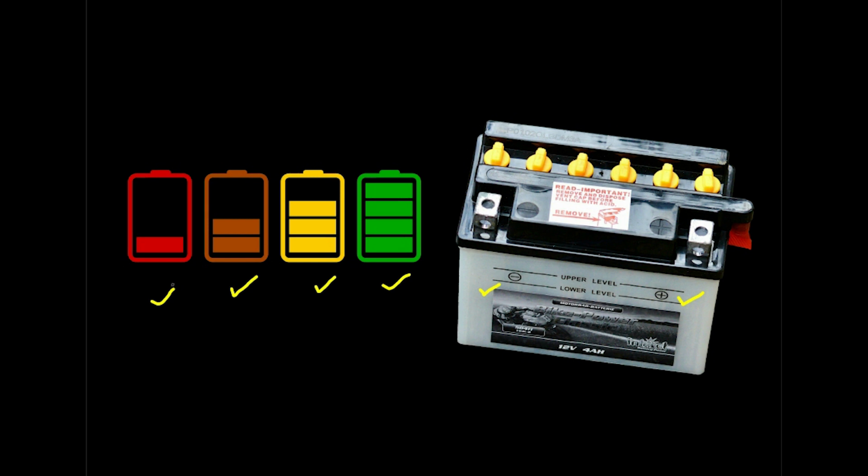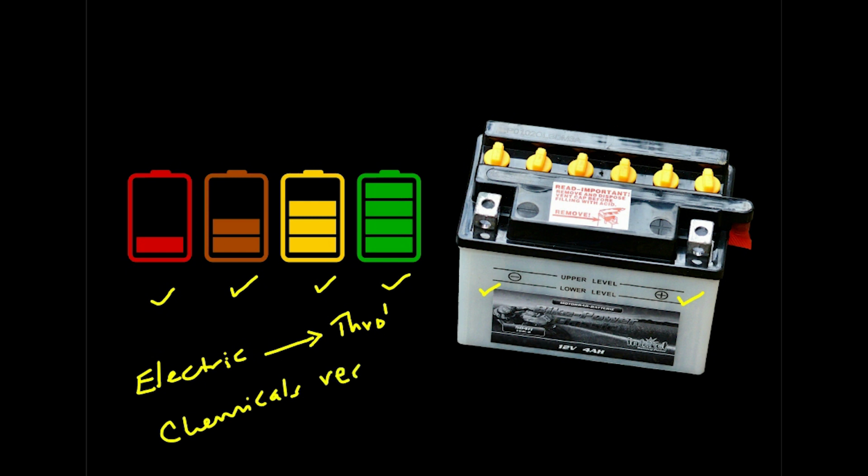During recharging, electric current is allowed to pass through the battery, causing some chemical reactions to take place. When we are studying this kind of process, then we are dealing with electrochemistry.